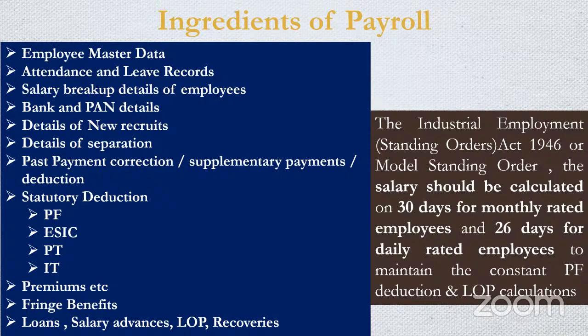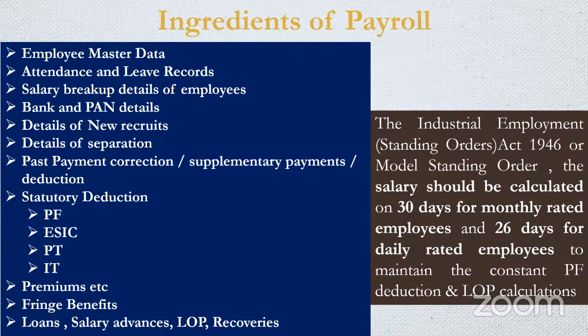As per the Industrial Employment Standing Order Act 1946, it has been mentioned that your salary should be calculated on 30 days for monthly rated employees and 26 days for daily rated employees to maintain the constant PF deduction and LOP calculations. Therefore, generally it is considered as 30 days. But when it comes to deduction or arrears, then for a given month, whatever was the number of days, accordingly these calculations are made.